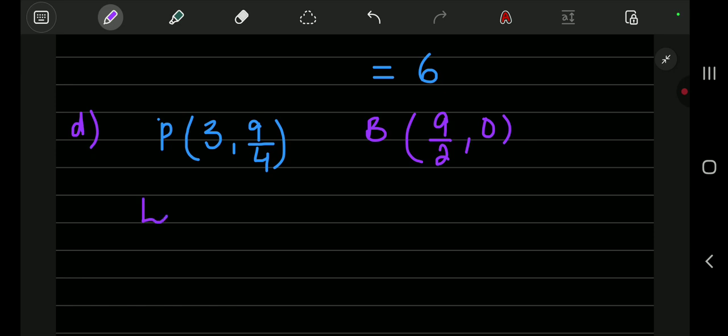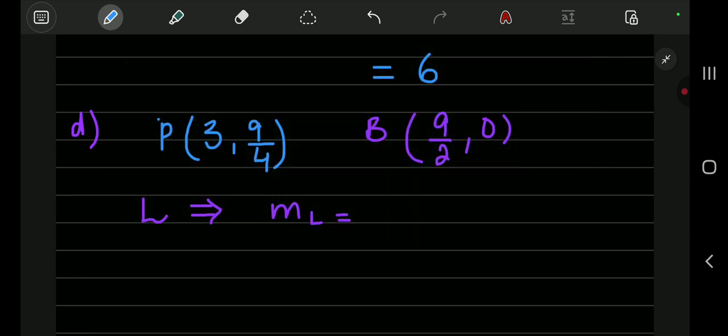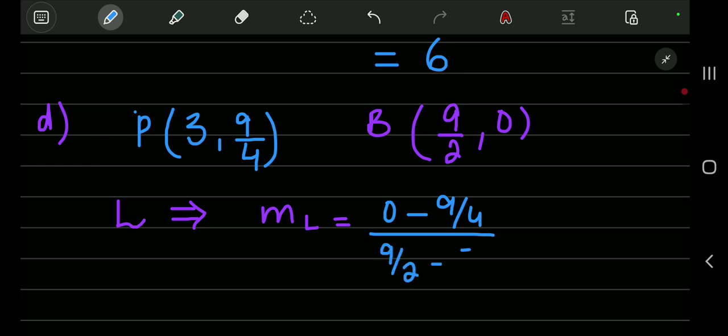The slope of line L would be y2 minus y1 over x2 minus x1. So 0 minus 9 over 4, over 9 over 2 minus 3.